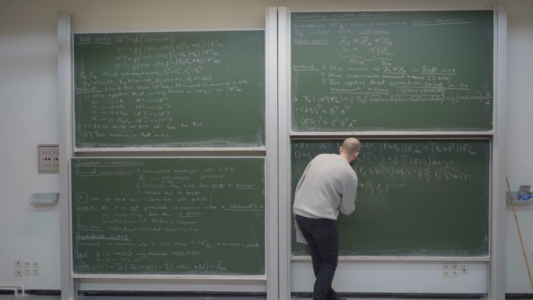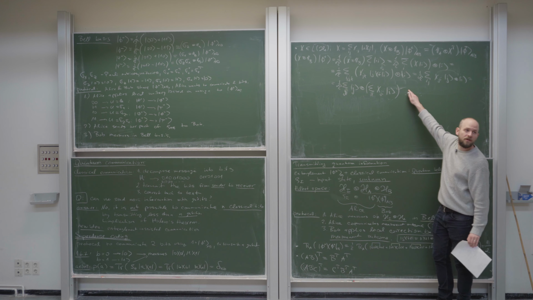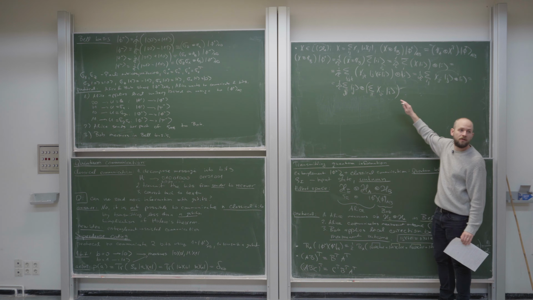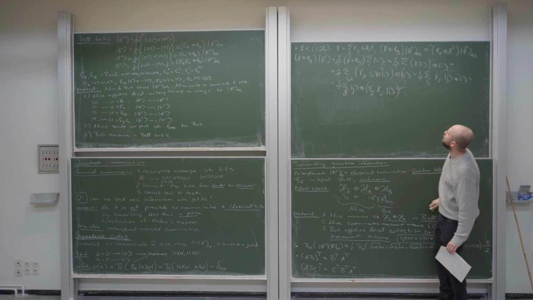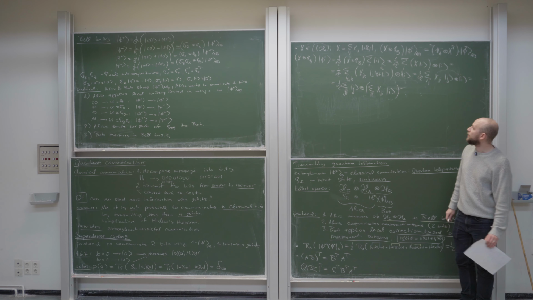No, this one's j, this one's j, this one's i, and this one's i. Here. Somehow insert an identity. Yeah, could be probably done also in that way.